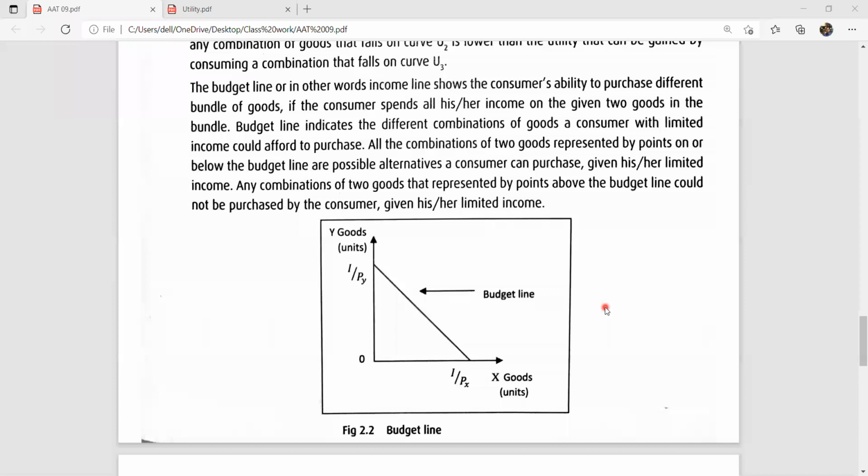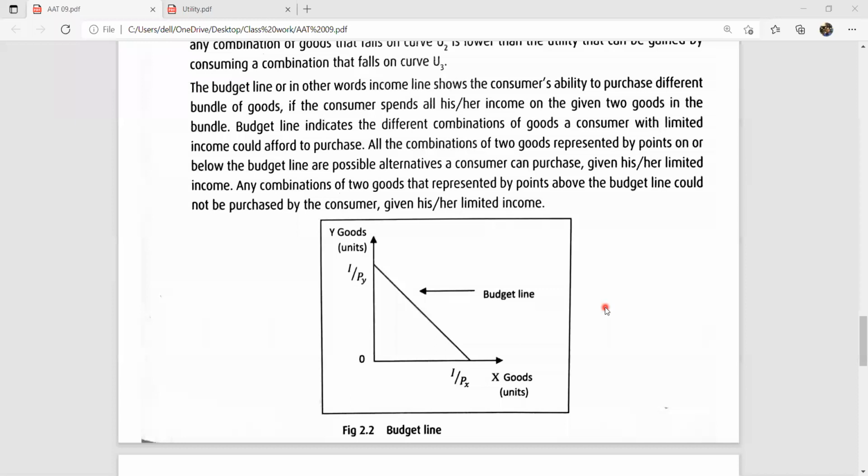All the combinations of two goods represented by points on or below the budget line are possible alternatives a consumer can purchase, given his or her limited income.